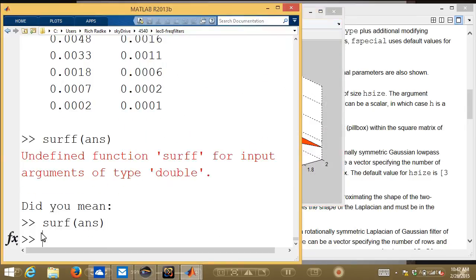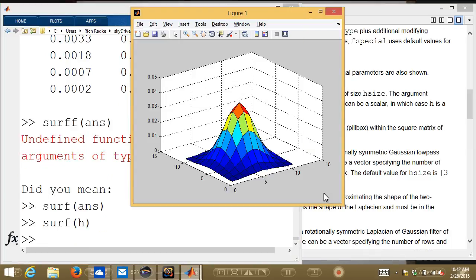What? That doesn't look right. Oh, that's because, okay, so here's my h. If I do surf of h, I get this kind of simple, discrete approximation of a Gaussian filter. Okay.